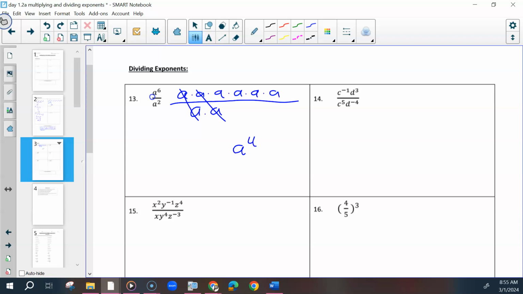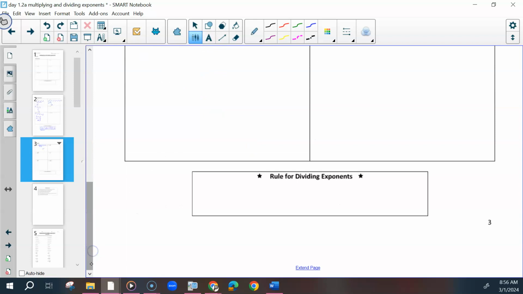So what do we think that rule might be? When dividing like bases, you're going to subtract the exponent. So I'm going to write that down here.